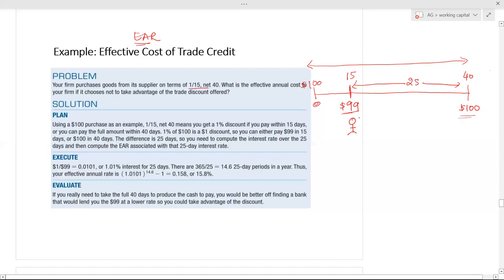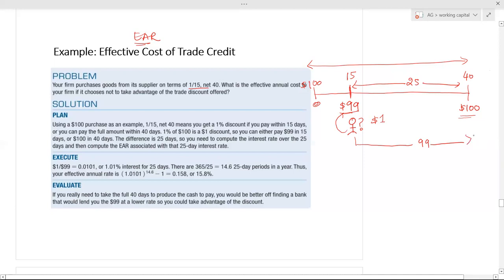So as a finance manager, you need to decide whether you should pay 99 on the 15th day to get the $1 saving, or you should use this 99 for the remaining 25 days.